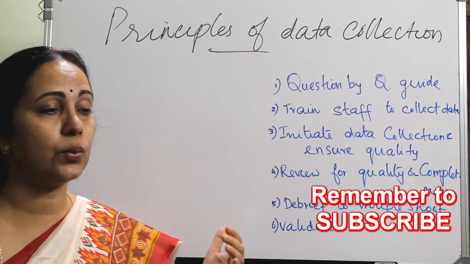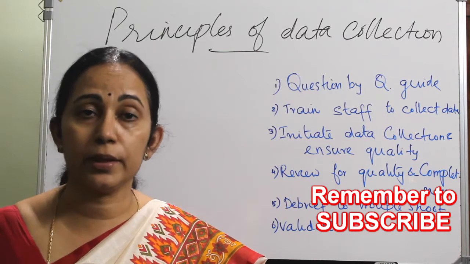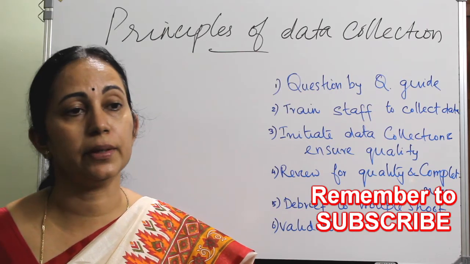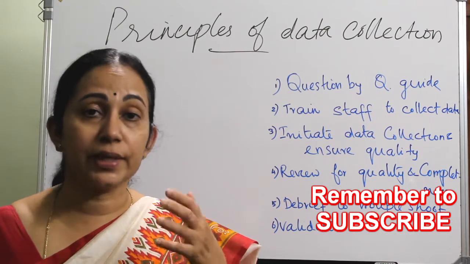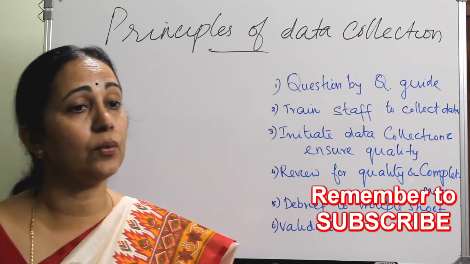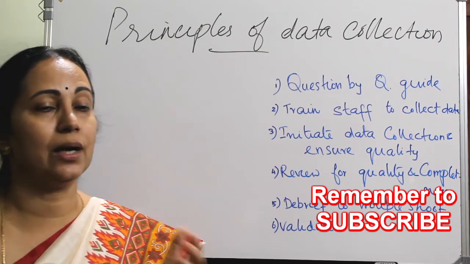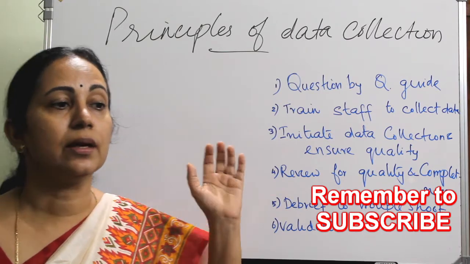Question number 12 is, what is the annual income of the family. The Q by Q guide of that question will tell you to ask how many people are employed in the family, ask for the annual income of each one who is employed, and calculate the sum of the income of all the persons. Then you will get the household income. Like this, each question has to be drafted.